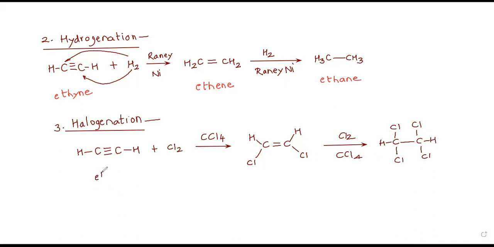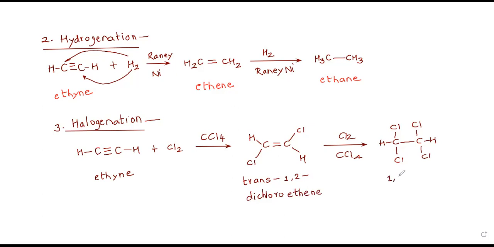So this is now going to be ethyne. Now, when the product takes place here, it is always found in trans form. Trans 1,2 dichloroethene.